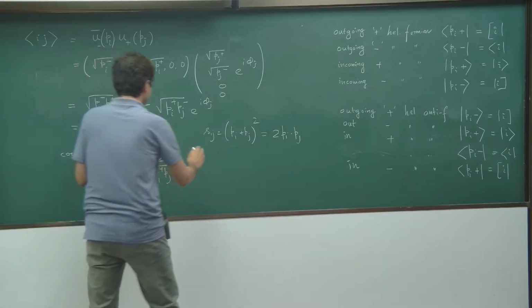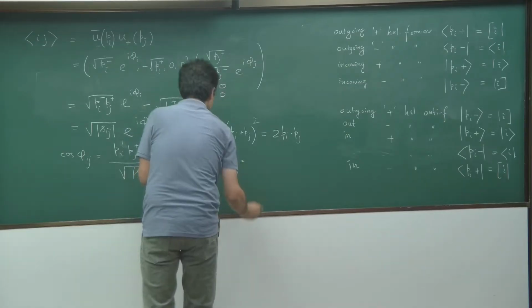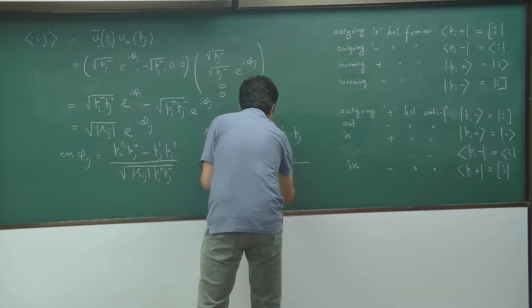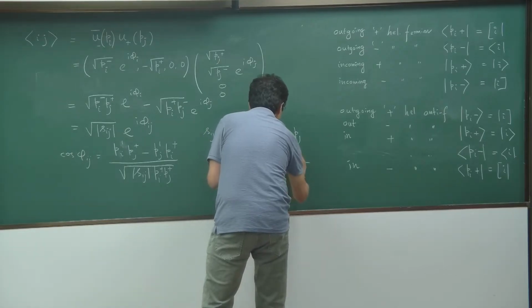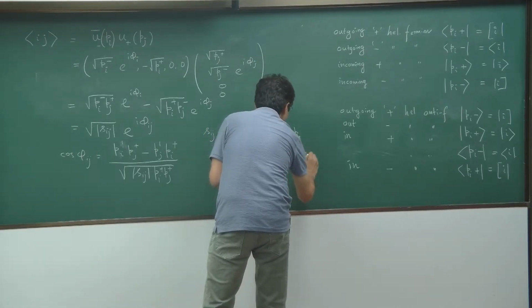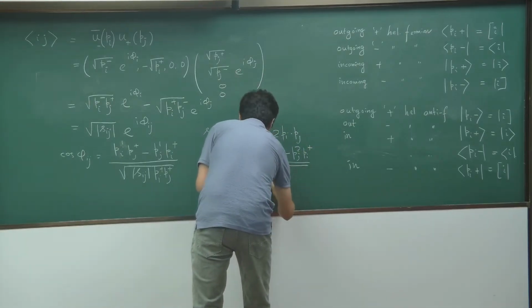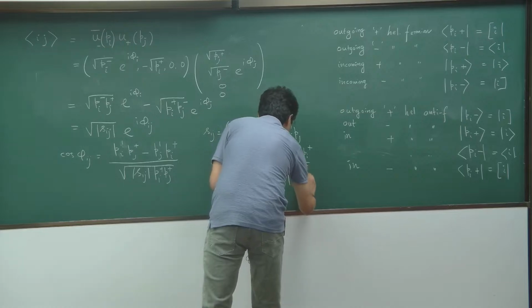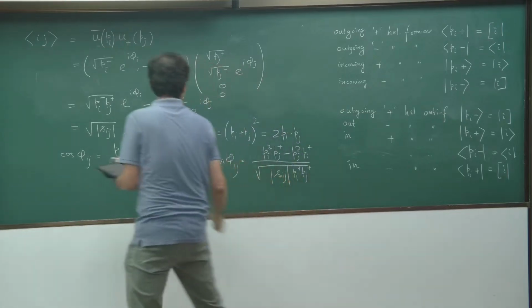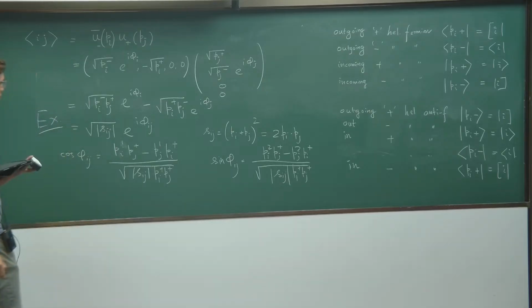And sin phi_ij is equal to p_i2 p_j plus minus p_j2 p_i plus, divided by the same denominator. This you can take as an exercise. This is easy to show.